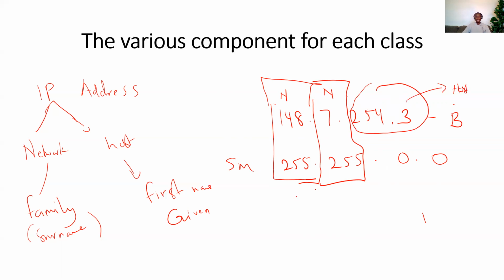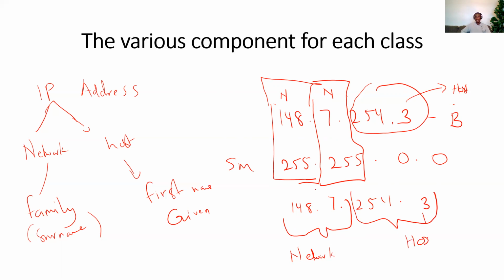So if I'm rewriting this and I say 148.7.254.3, we can say for sure, because of the subnet mask, the first two parts will represent our network, and the last two parts represent our host. Okay, so what do we mean by represent our network and represent our host?